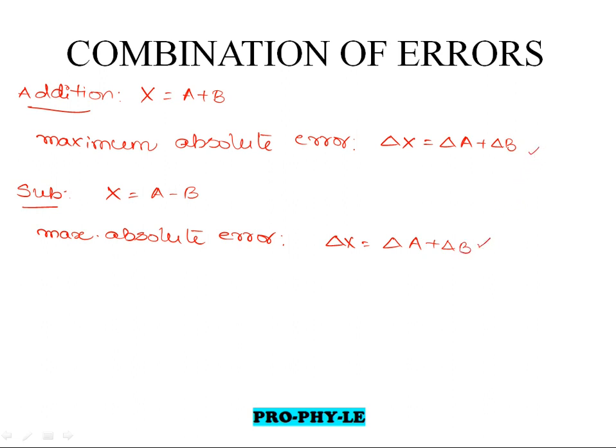Just remember these 2 points, whether it is addition or subtraction, the maximum absolute error is nothing but the sum of individual maximum absolute errors of those two physical quantities involved.